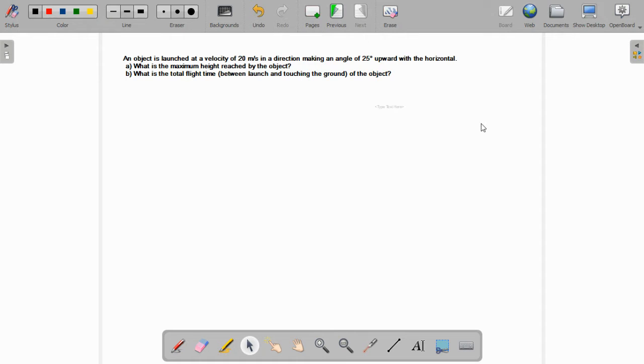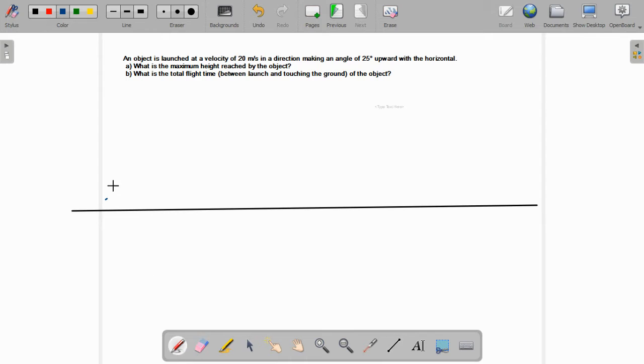So whenever you see a problem on projectile, the first thing that you do is try to draw it on a paper. Try to draw this motion and get a feel of how things are actually happening. So this black flat line represents the ground and this blue line represents a projectile.